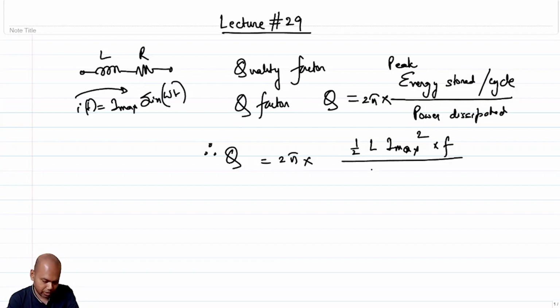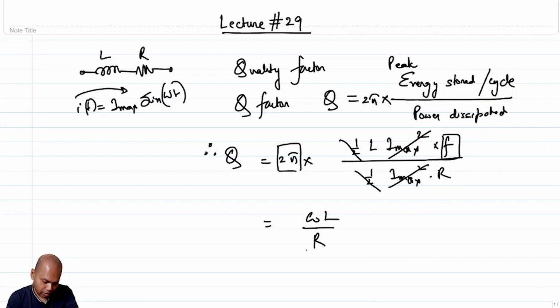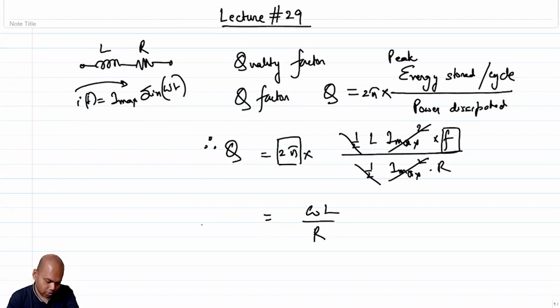So power dissipated is half I max squared times R. So this goes off, this goes off, right? 2 pi times f is omega, so this becomes omega L over R. So essentially the Q factor, which by the way is also a function of omega, is omega L over R, right?